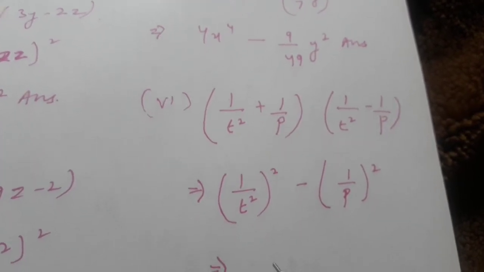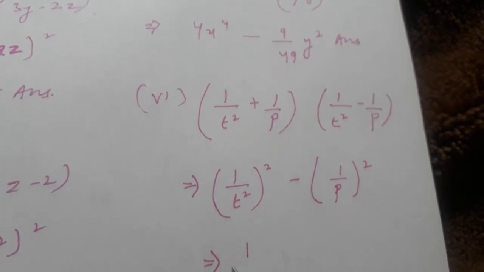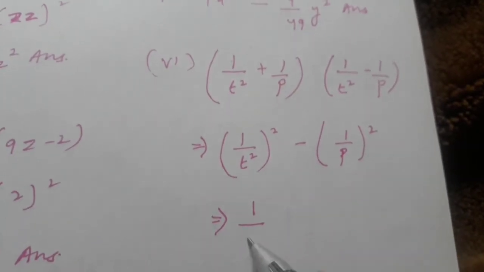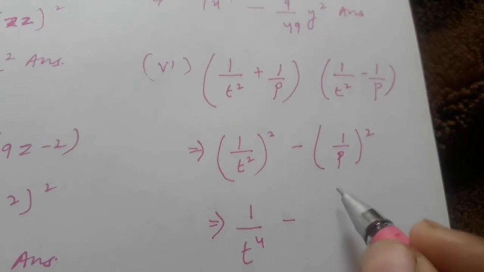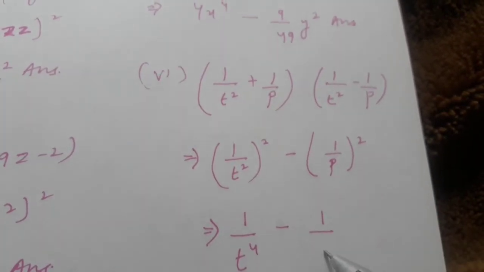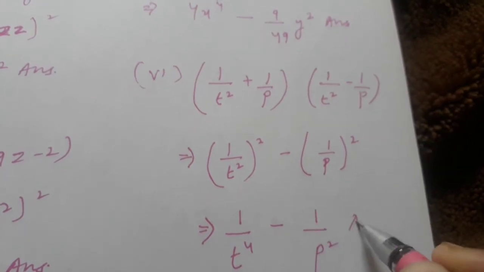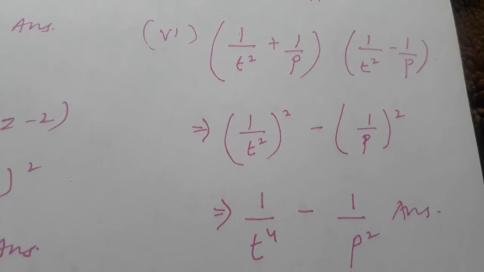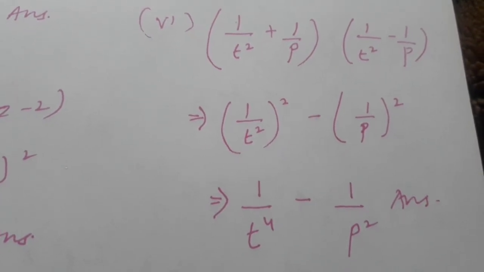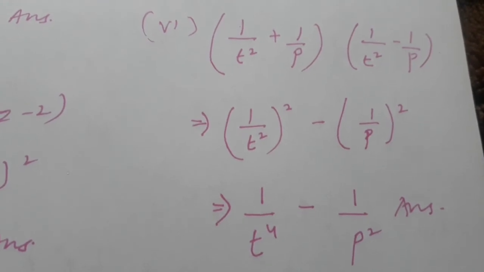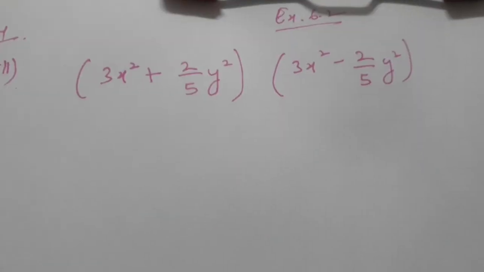So 1 square would become 1 only and (t square) whole square would become t raised to the power 4, minus 1 square would become 1 only and p square would become p square. That would be our answer. So answer for sixth part of question number 4 is 1 by t raised to the power 4 minus 1 by p square.